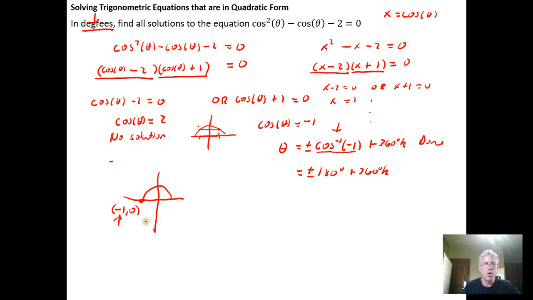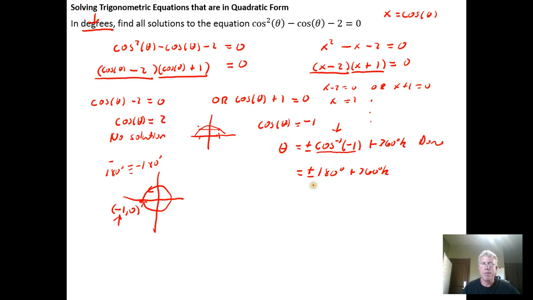And then I can go a little bit further than this because I want to recognize that 180 degrees, which is a half counterclockwise rotation, and -180 degrees, which is a half clockwise rotation, they are coterminal angles. 180 degrees is equivalent to -180 degrees in the sense that they're coterminal.